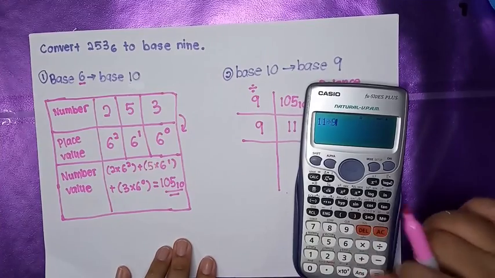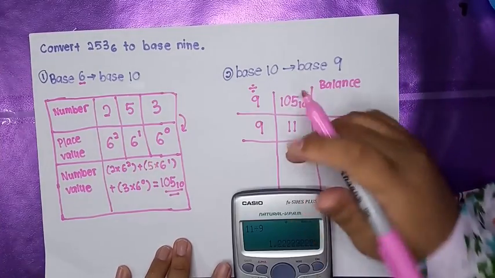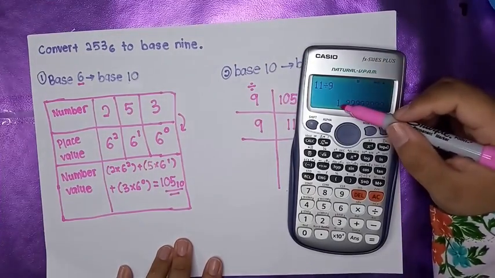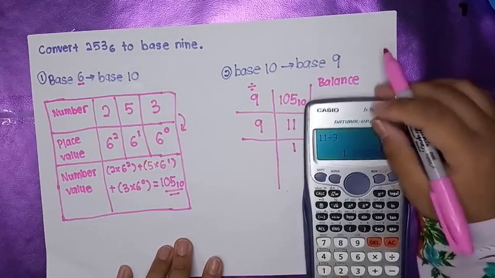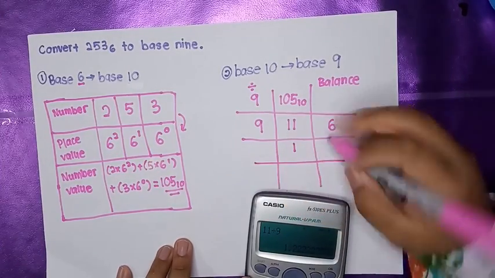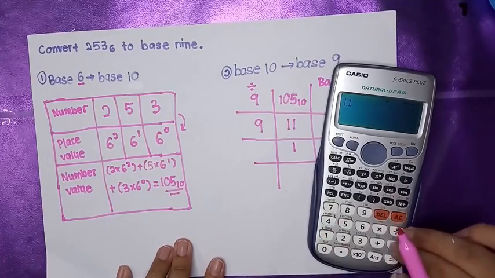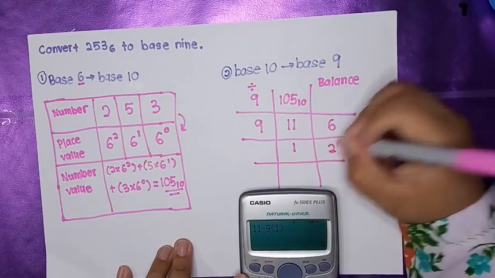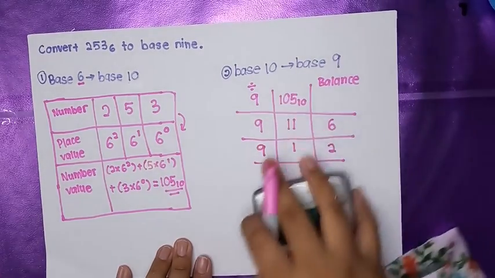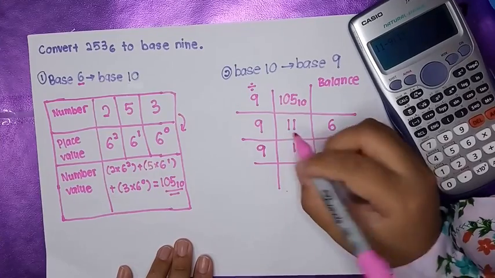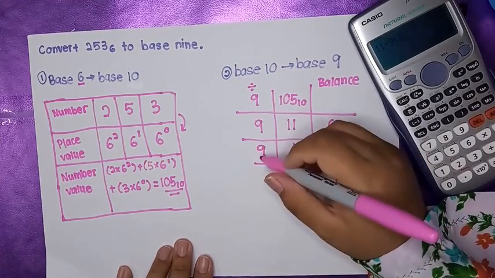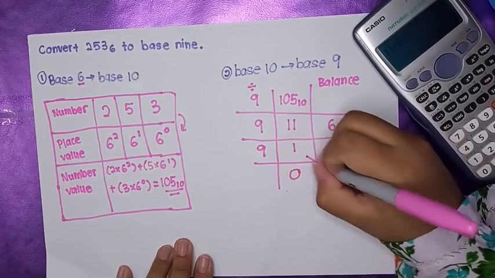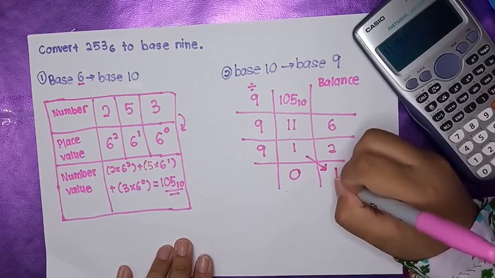11 divided by 9 equal to 1. We only take the number in front of this point. For the balance, 11 minus 9 times 1, which is 2. And then we divide again. And then we take a look. 1 is smaller than 9. If this is smaller than 9, it cannot be continued. And there we put 0 and 1 moves to here. This is 1.